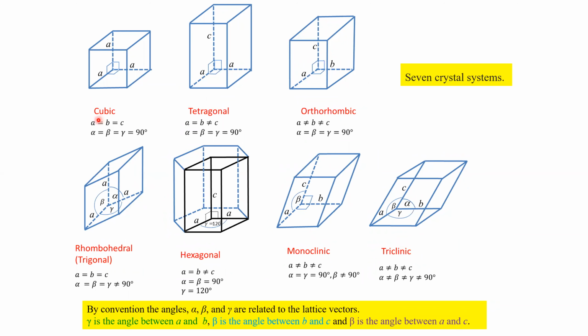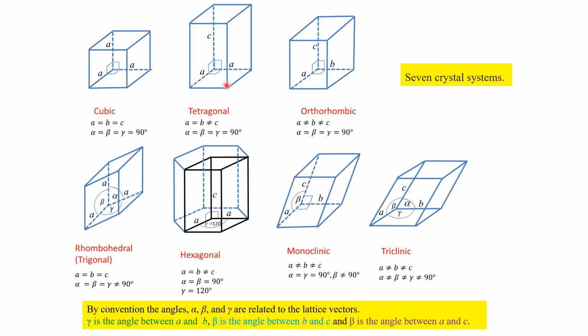At the top, take a look at the cubic first. In the cubic, all the lengths are the same. A is the same as B, is the same as C, and all the angles between them are the same, 90 degrees each.